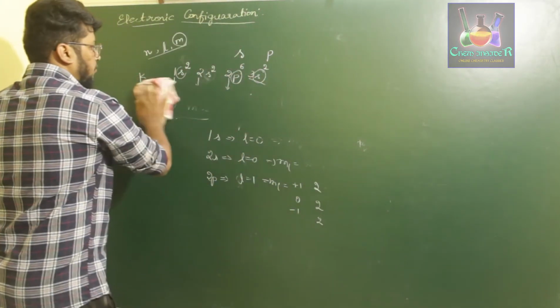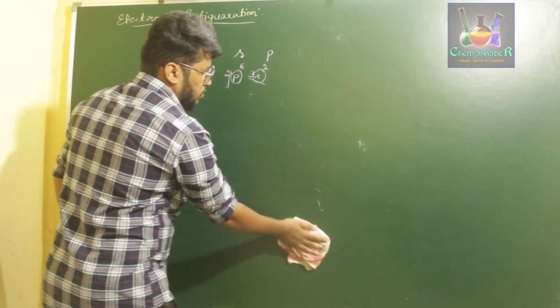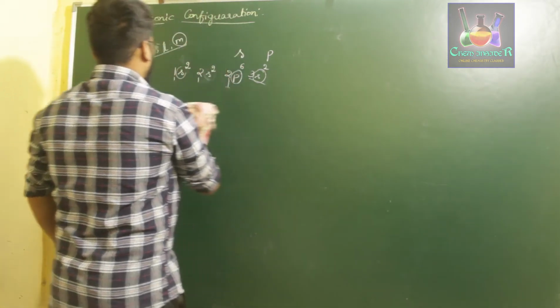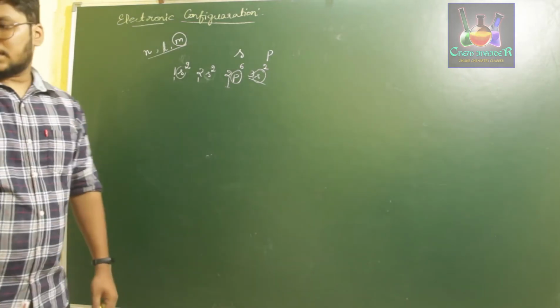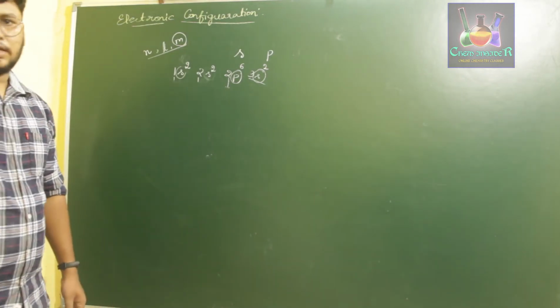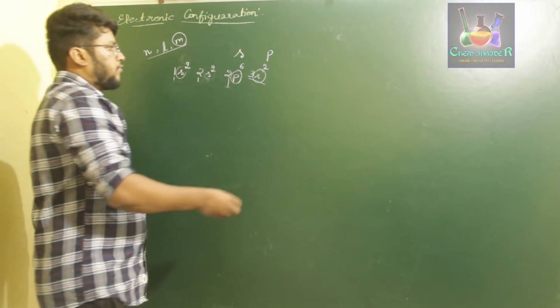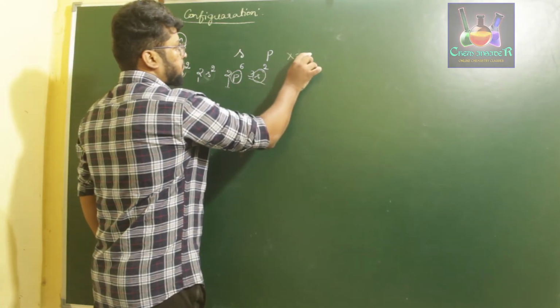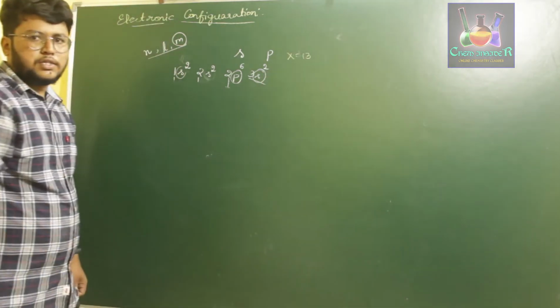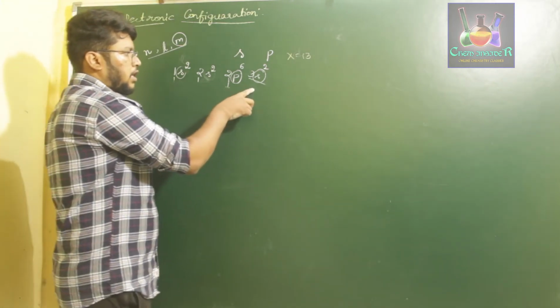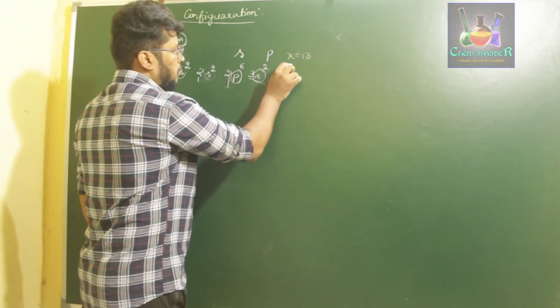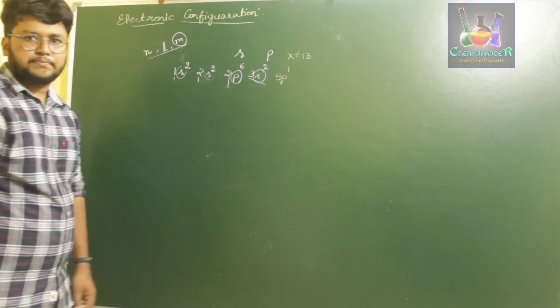To consider a given orbital, it must contain at least one electron. Let us say X is equal to 13, we have filled 12 electrons, then we will consider 3p which has at least one electron.